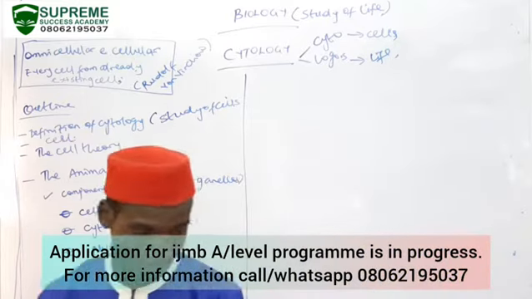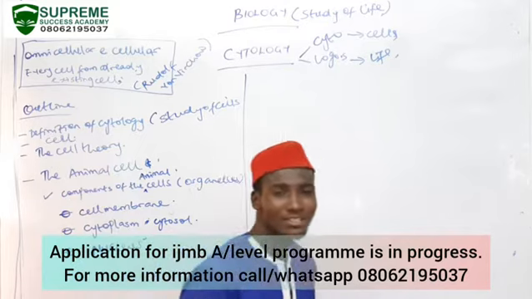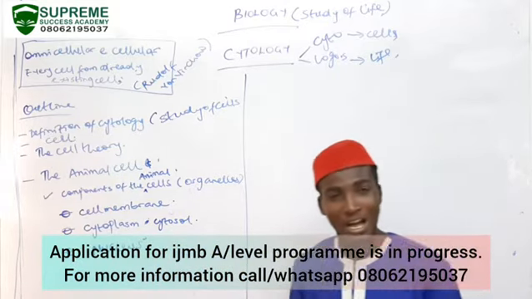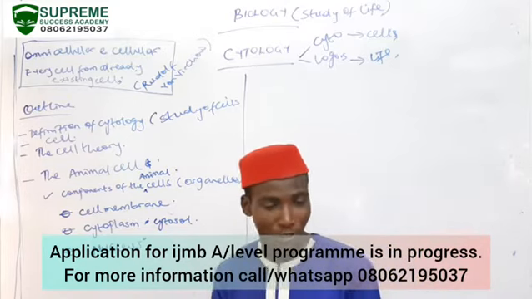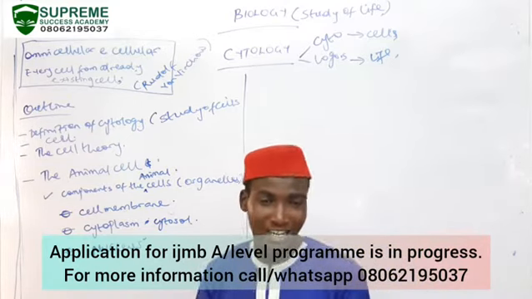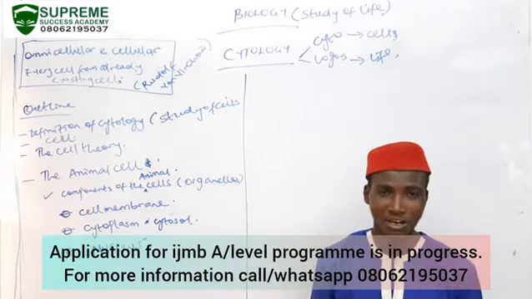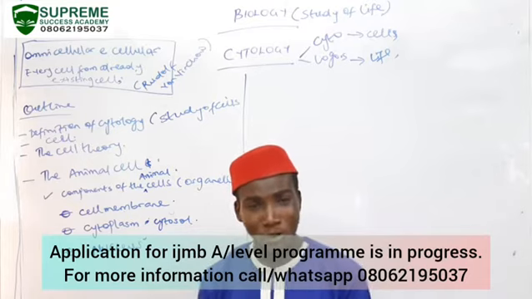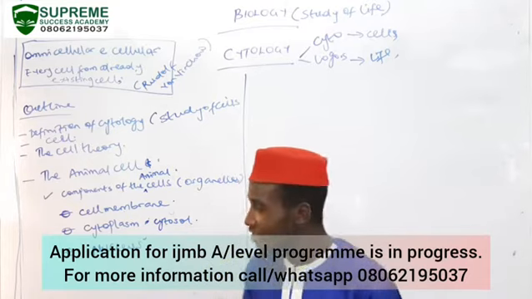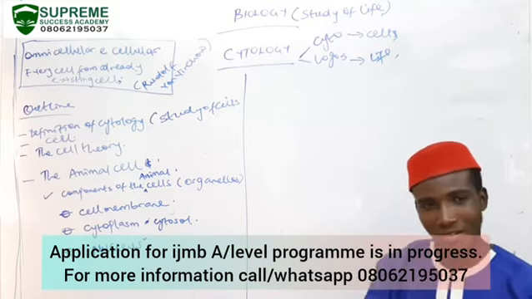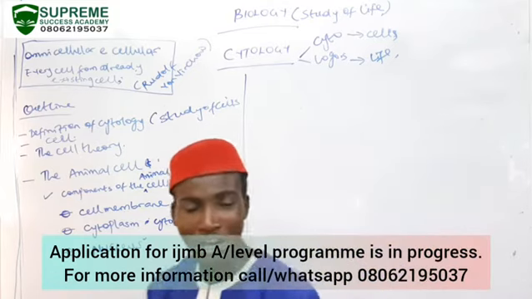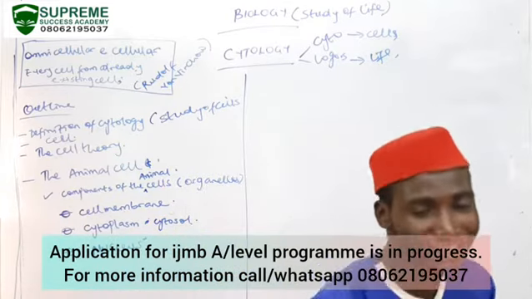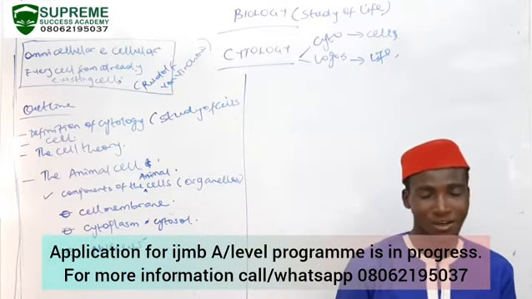Now, what is a cell? A cell can be defined as the basic, structural, and functional unit of life that is capable of independent existence and from which other cells arise.